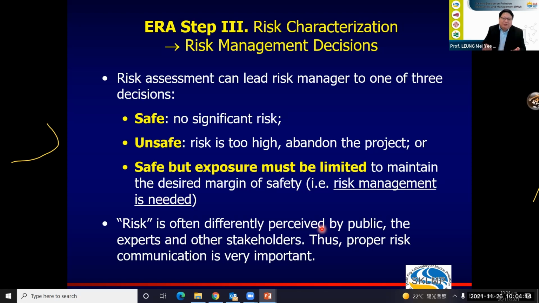So if we find 0.001 milligram per kilogram mercury in fish, okay? For some people, they say this is not acceptable, still have mercury, very dangerous for consumption. Then they may say that ignore our risk assessment and then ask everyone don't eat fish.